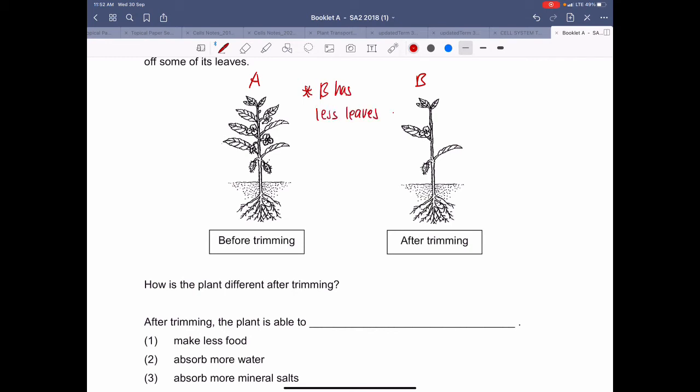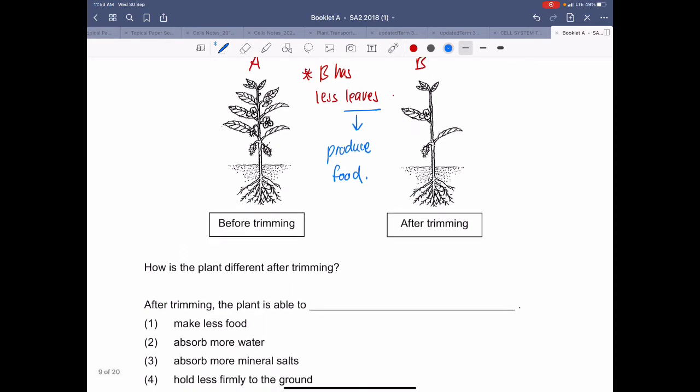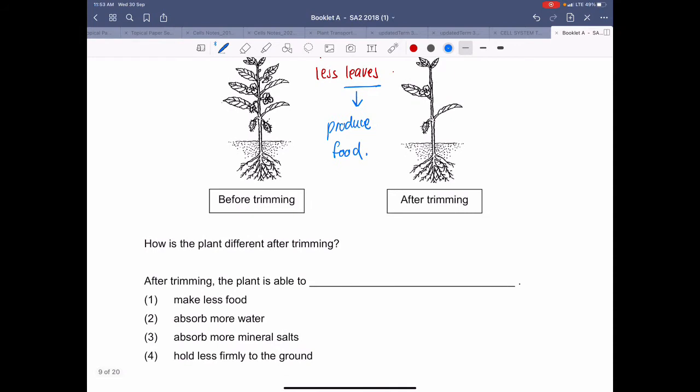And then ask yourself what is the function of the leaves? The function of the leaves is to produce food. So now that it has less, that means B must be carrying out less photosynthesis, therefore less food. So after trimming, the plant is able to make less food. Very straightforward, and that's how I get the answer.